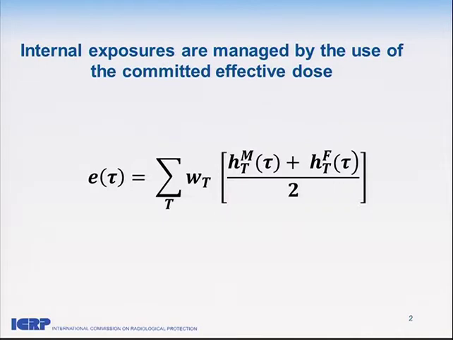In case of external exposure, we use the effective dose, but in case of internal exposure, internal contamination, we use this specific quantity, which is the committed effective dose, which takes into account the integrated activity over time. And for the worker, you already know that we integrate the activity over 50 years, and up to the age of 70 for the member of the public.